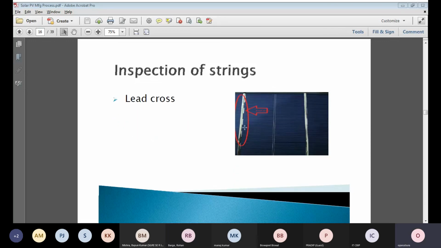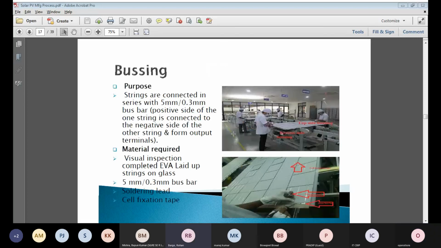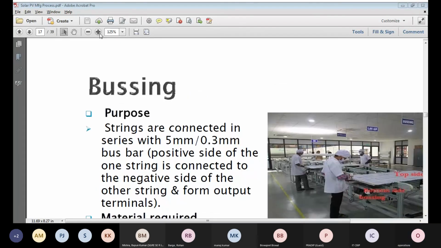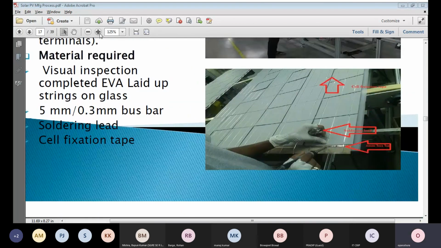And this is the lead process, and this is the busing. Once these lines are done, we need to connect them to each other with these lines. So this is called the busing process. It is a bus bar.